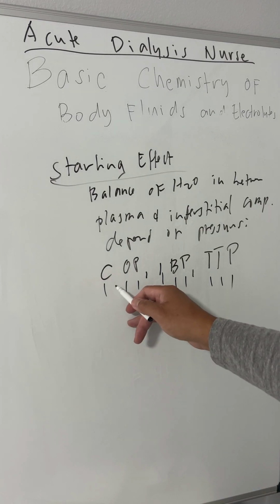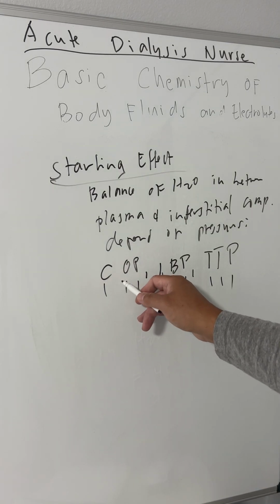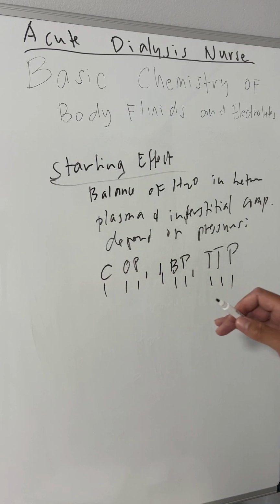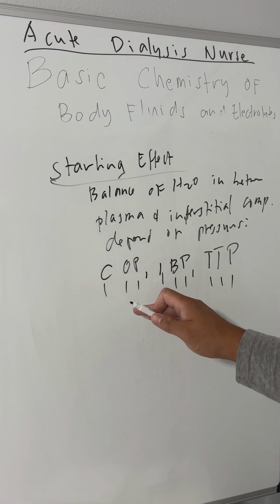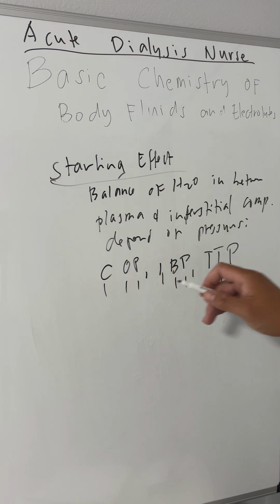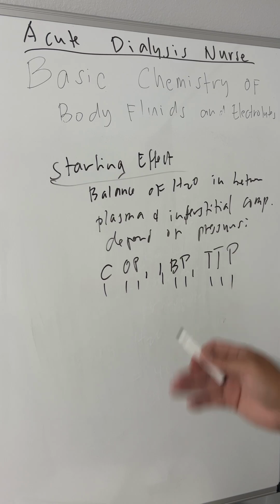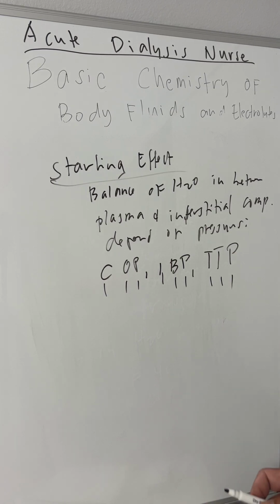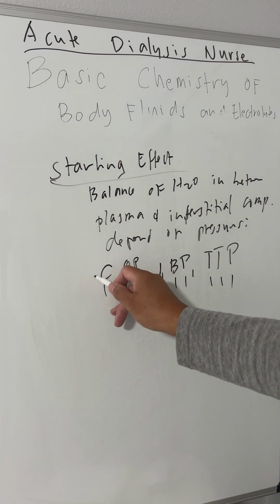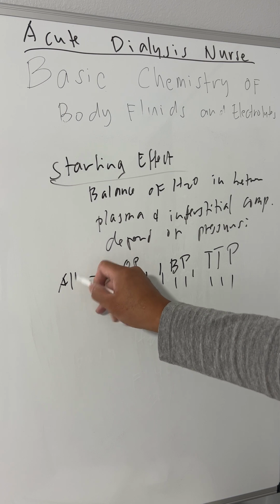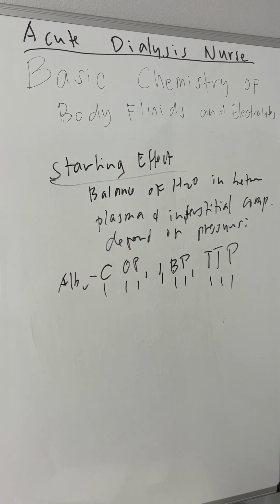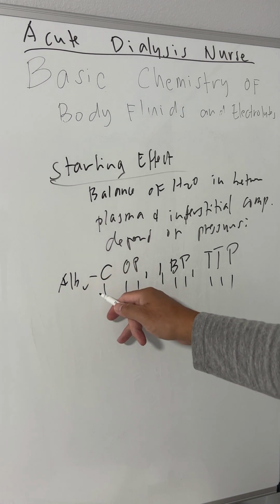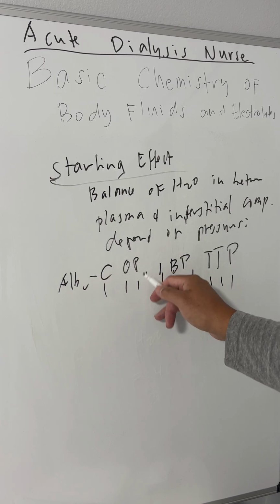So if your colloidal osmotic pressure is normal or high, it will keep the fluid in your plasma inside the intravascular. It doesn't go to the interstitial spaces. So this one is mostly albumin. So if you have low albumin, you're gonna have low colloidal osmotic pressure.